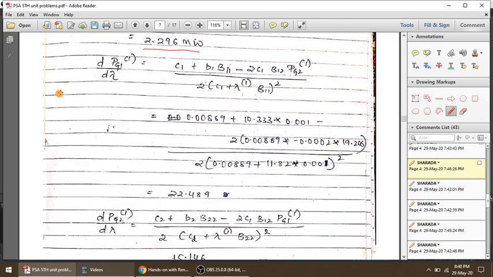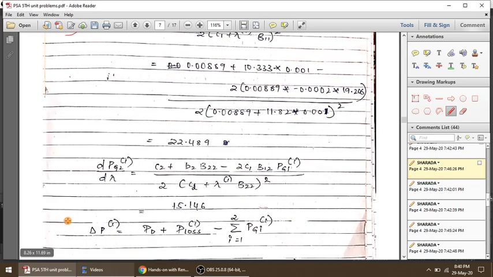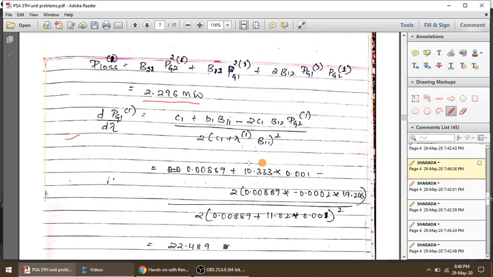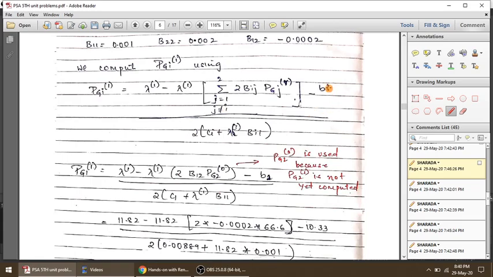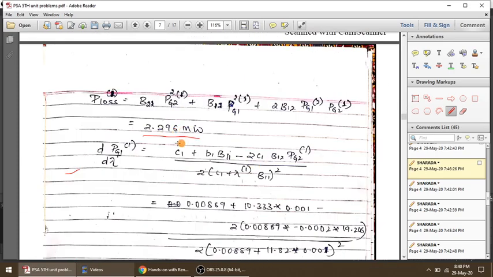Next we have to calculate dpg1 by d lambda, dpg2 by d lambda. This is the expression for that. When you differentiate this with respect to lambda, this is the resulting expression. So c1 plus b1 b11 minus 2c1 b12 pg2 of 1.